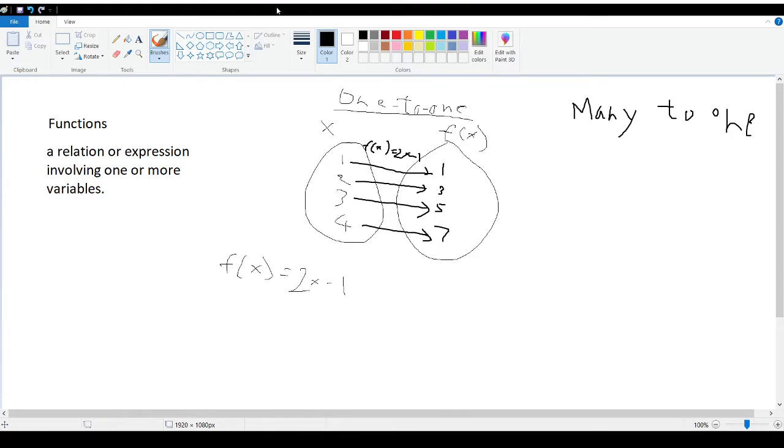Many-to-one. This looks more fancy, doesn't it? Many-to-one functions.